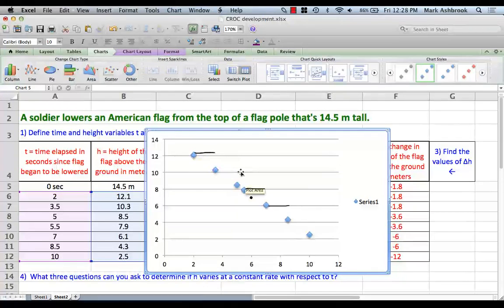Which perspective am I showing you here? So those are delta t's. What about those delta t's? They're all equal, right? If we've got constant rate of change and we have equal delta t's, then what should we have?